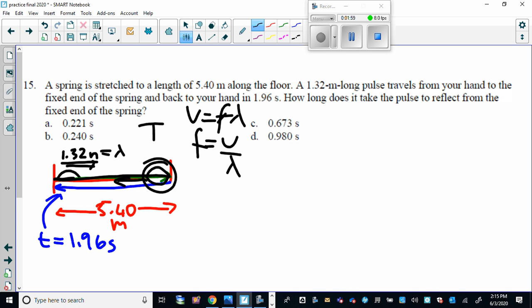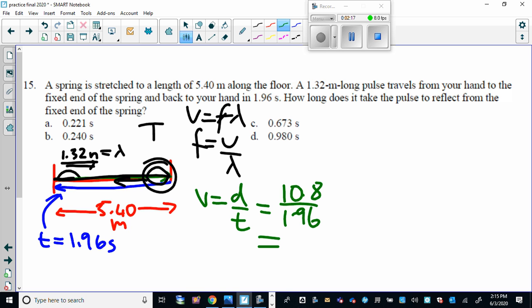So it travels a total distance of 10.8 meters, and we know it does it in 1.96 seconds. So that will give us the velocity, which will be 5.51.